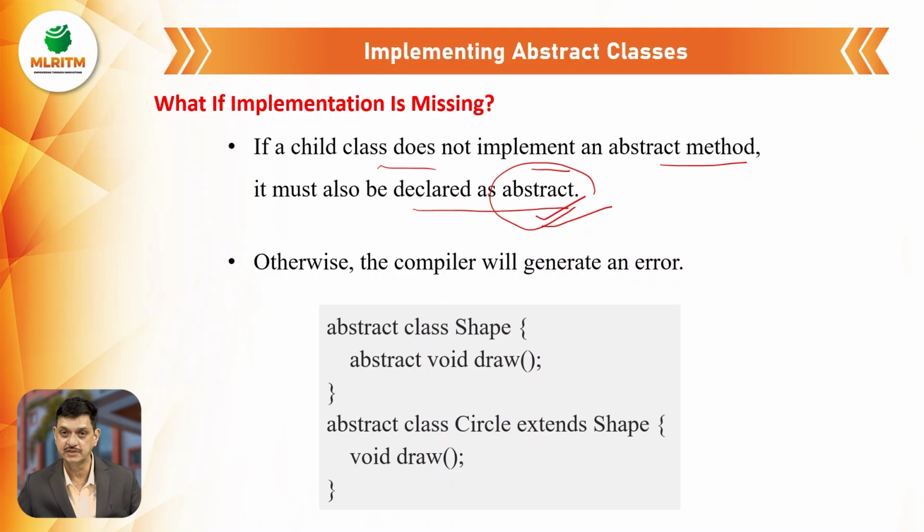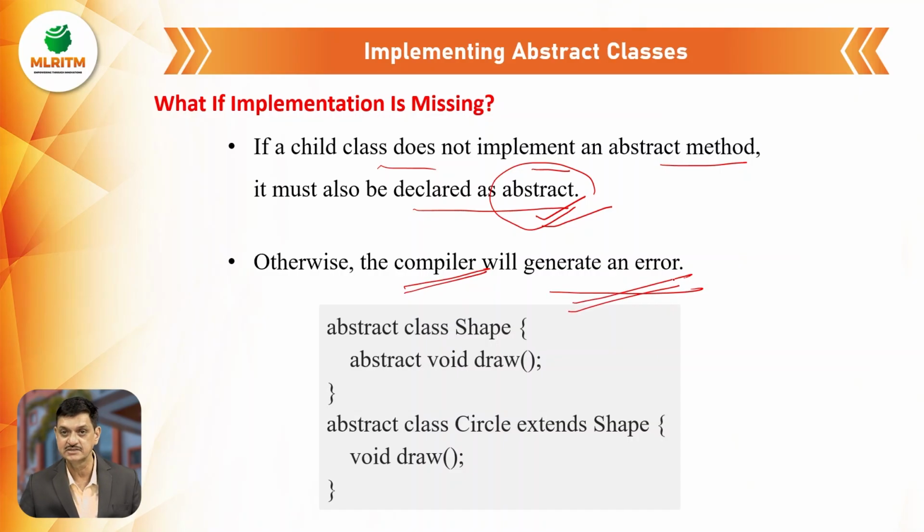Otherwise, the child class must be declared abstract. What happens if the child class is not declared abstract and doesn't provide implementation for the abstract methods? Then the compiler will generate an error.